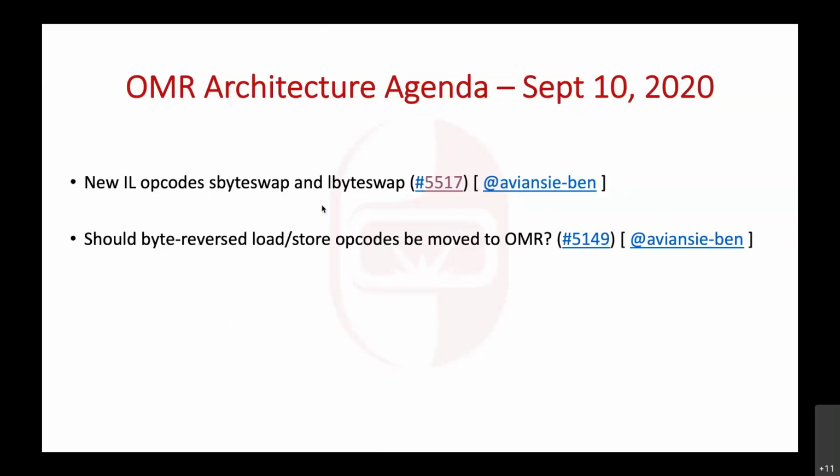Okay. And then I'll also close 958 as well, which was also a proposal to add the lbyteswap opcode in OMR. So we have that covered. Okay, any other discussion you want to have on swapping bytes?